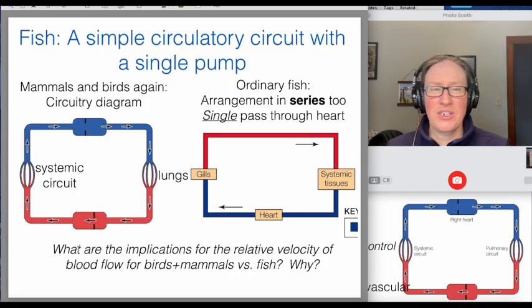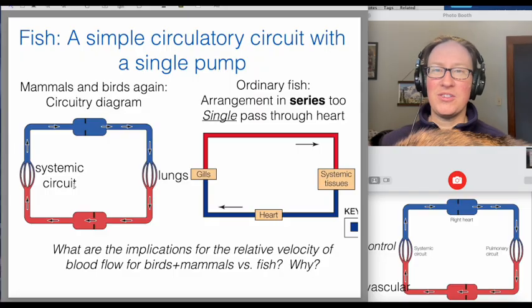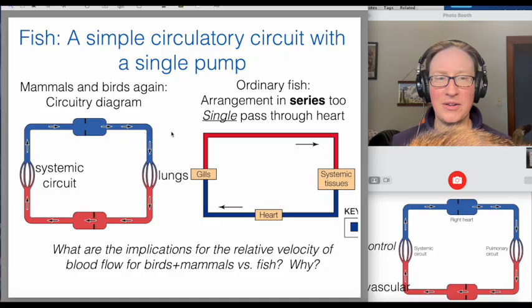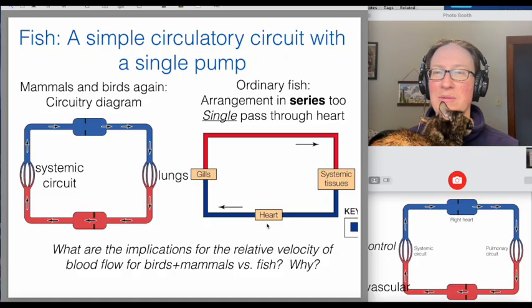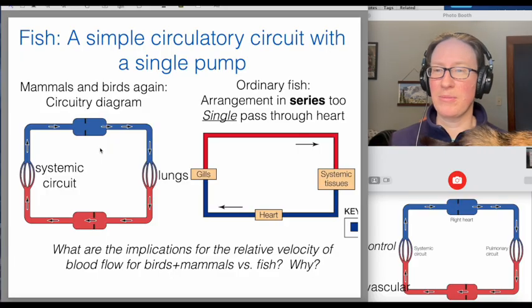So in fish, again, thinking from the circuitry standpoint, fish have a very simple circulatory circuit that just has a single pump. I have this diagram up in the lower right of your screen, but also on this slide, just to remind us of the circuitry diagram for birds and mammals, right?